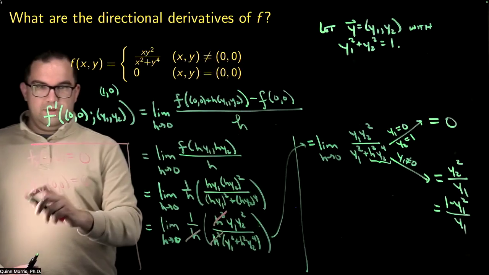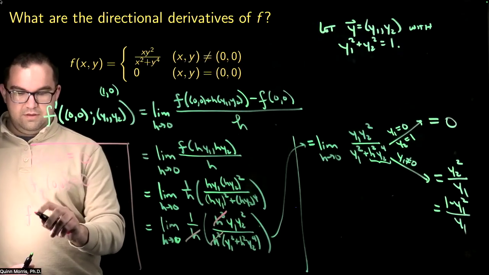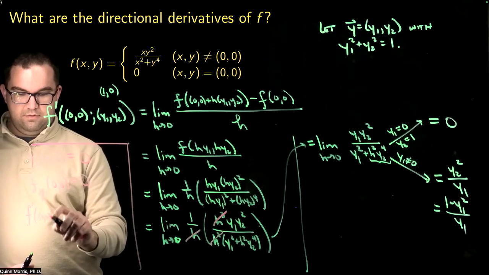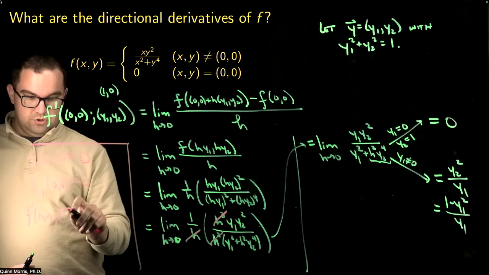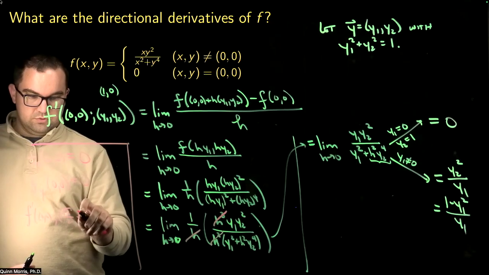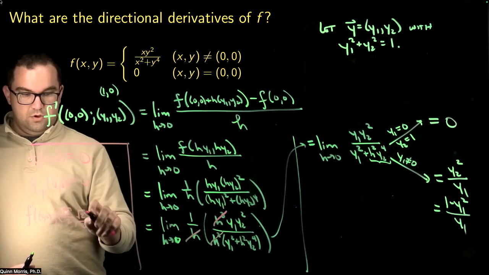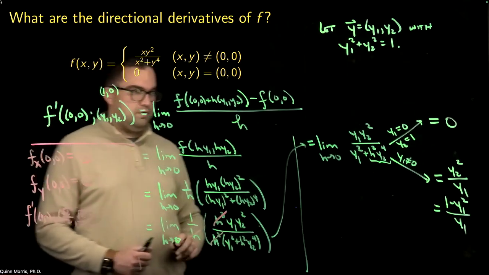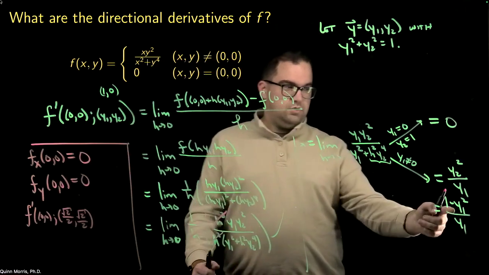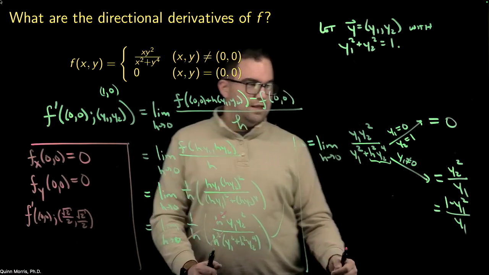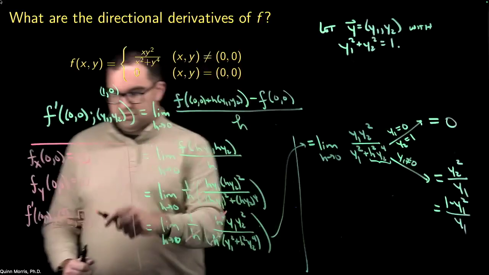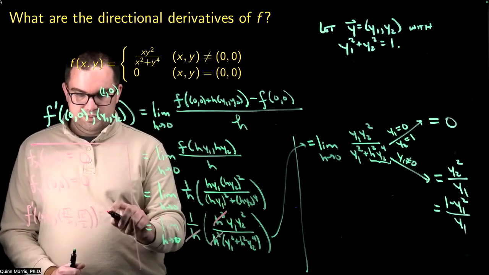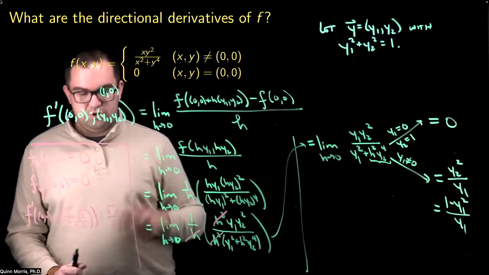Let's say you wanted the derivative at 0, 0 with respect to the vector square root of 2 over 2 comma square root of 2 over 2. Well, you can come over here and see exactly what you'd get. In this case, because they're equal, you're just going to get that this quantity is equal to square root of 2 over 2.